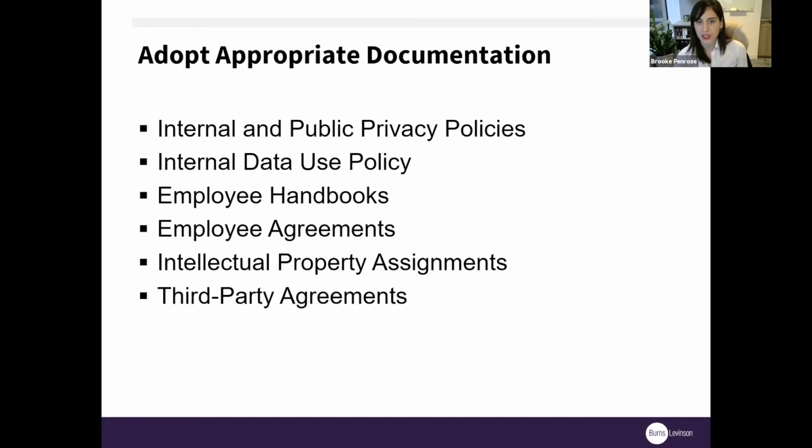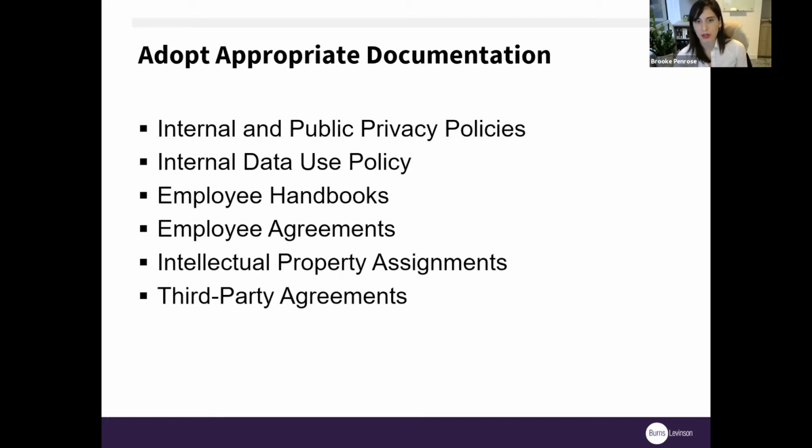Then we'll cover data use and security policies, which typically cover how insiders are authorized or restricted from interacting with an organization's data. These policies may be covered in an employee handbook as well, which may also address restrictions such as non-competes, non-solicitation, and confidentiality obligations. Alternatively, these policies may exist as standalone policies.